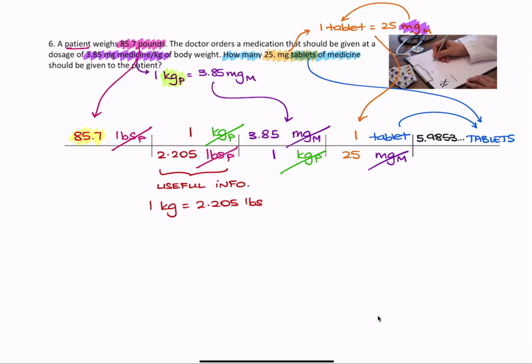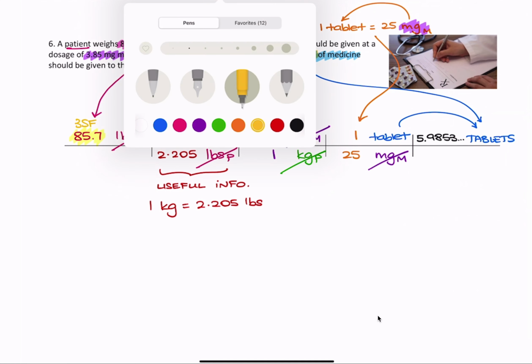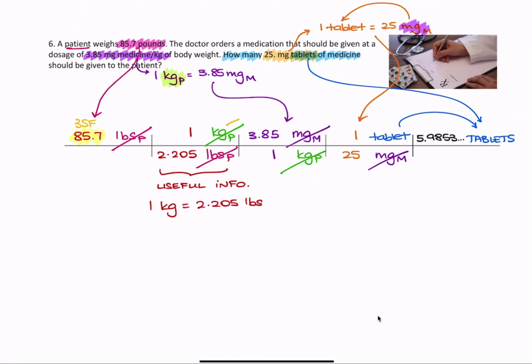I see here my patient weight has been measured, so I have 3 sig figs here. For the next conversion factor, I go from the metric system to the US system, kilograms to pounds. Therefore, I have here 4 sig figs involved. In the next one, it's a dosage, so dosage have to be measured. If they are measured, this is not exact.